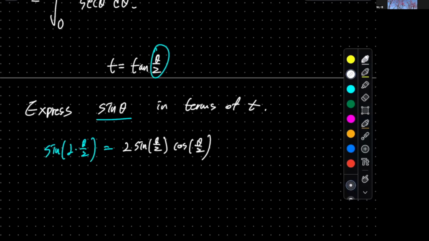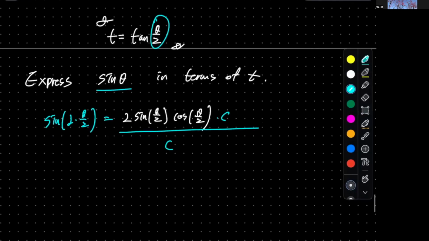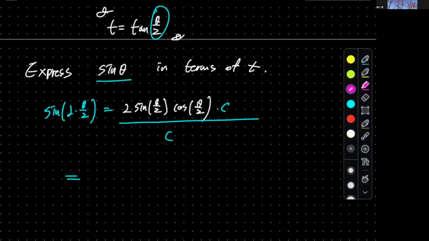That is great. But here's the thing. My job, all right, is to express in terms of tangent. I don't have a tangent, but it's okay because I can arbitrarily make one by, let's say, multiplying the cosine top and bottom. Doing so, I have sine over cosine here, which is going to be 2 tangent theta over 2.